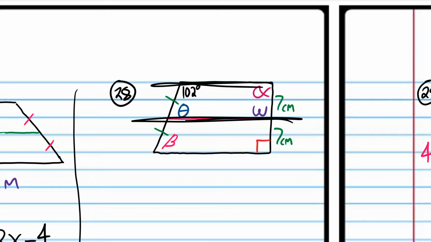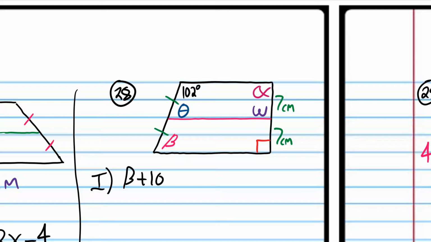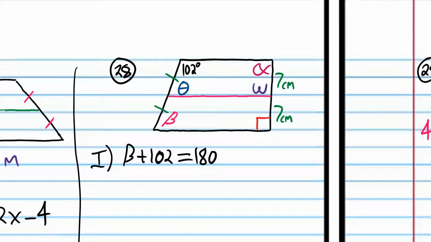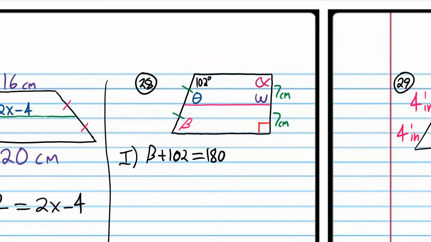So we can consider each pair separately. So first I'm just going to do the normal stuff. So beta plus 102 is equal to 180. That's just the same thing we did before if you just ignore the pink segment there. So subtract 102 and we get 78. So beta is 78 degrees. So that was easy.